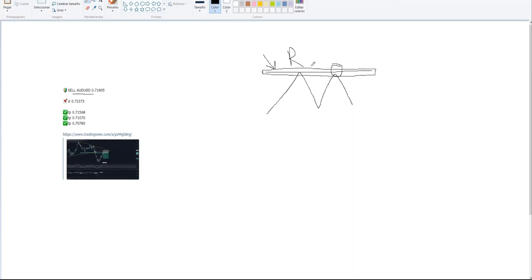At that time we see a good opportunity, and we jump into this trade finding a good entry. Let's say this is the trade we're looking for, an Australian versus the dollar in this good zone where we can expect the price to go back. Going back means going toward a selling opportunity.